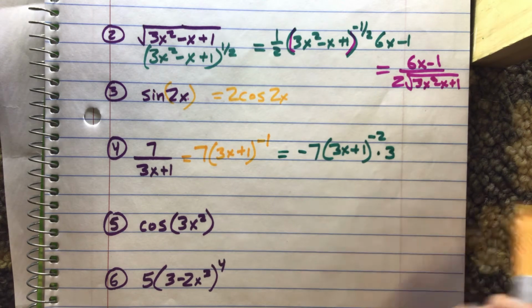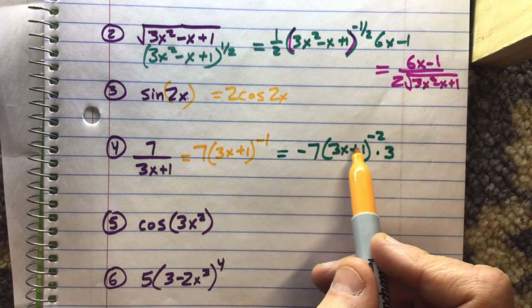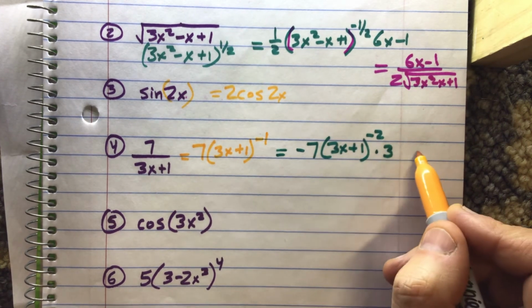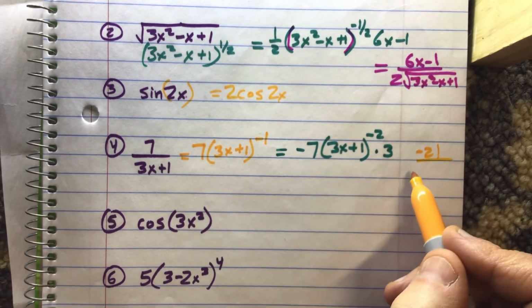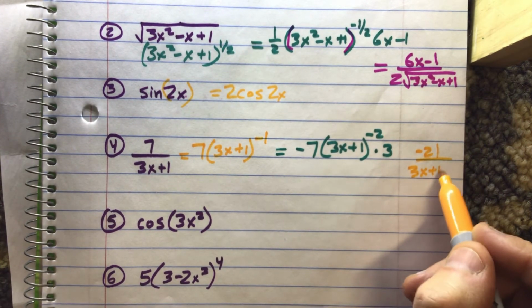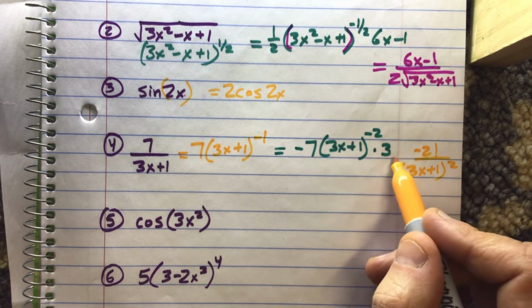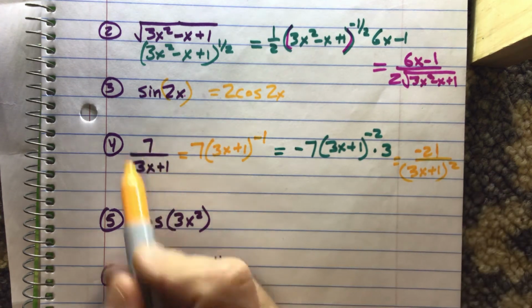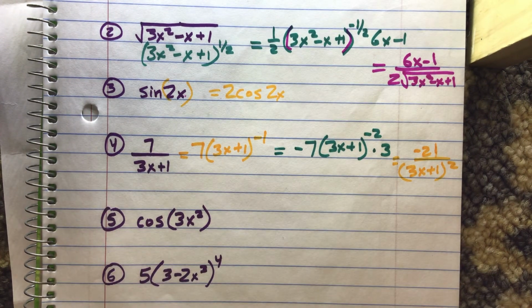And so if I rewrite that, bringing this negative exponent down, we'd have negative 21, 3 times 7, negative 21 over 3x plus 1 squared. So this is the derivative of this.